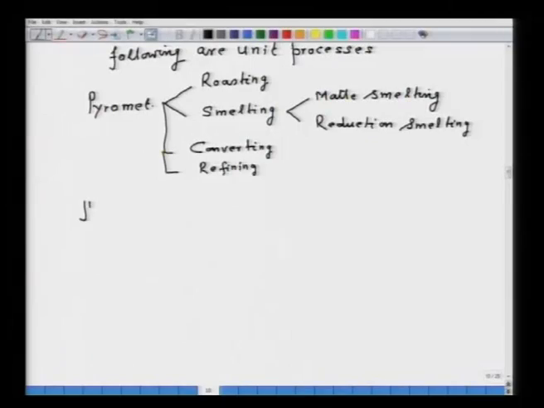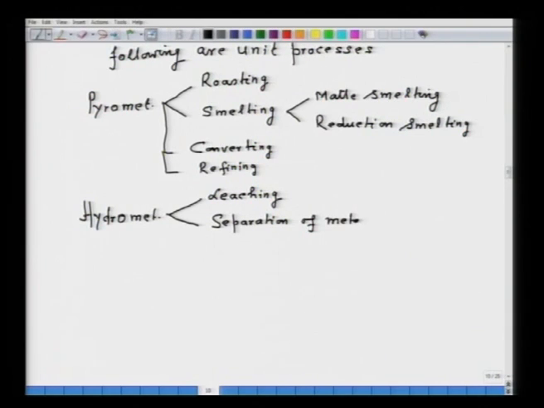For hydrometallurgy, the various unit processes are: one is leaching, and second is the separation of metal from aqueous solution, because in hydrometallurgy you have the metal in solution.